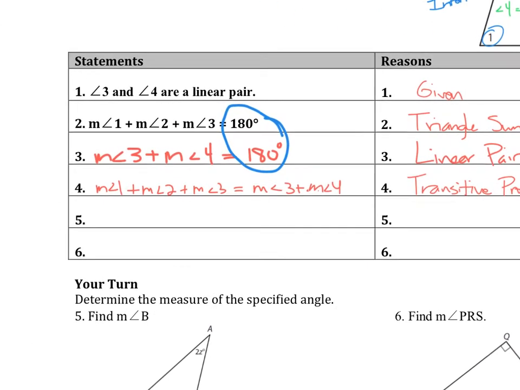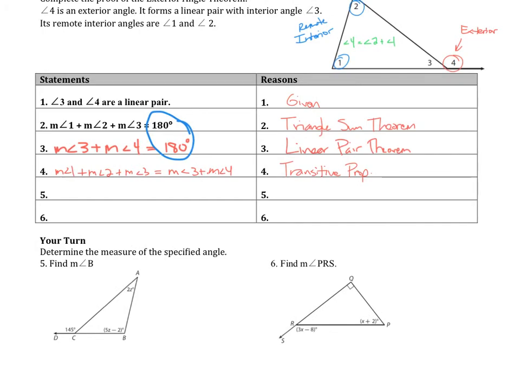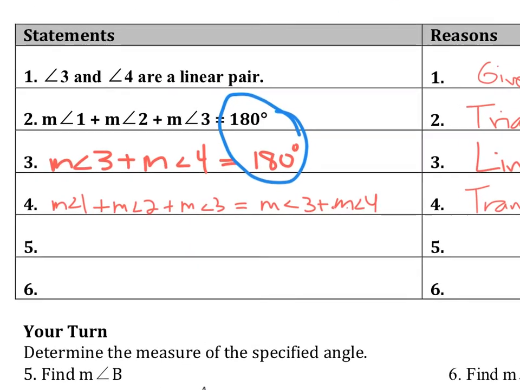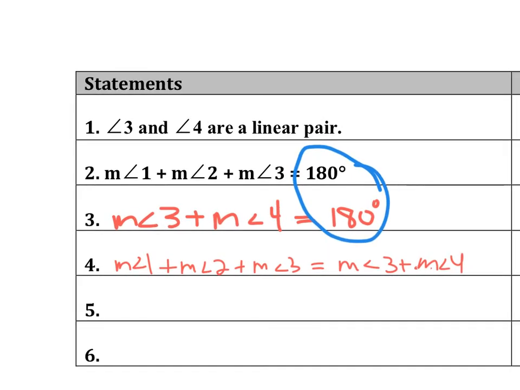Again, you could also use substitution there. They're pretty much the same thing. And then for step 5, we kind of skipped a step here. I really should have said that because these are a linear pair, they're supplementary, and then that they're supplementary leads us to this. But for this case, I think we'll be okay.